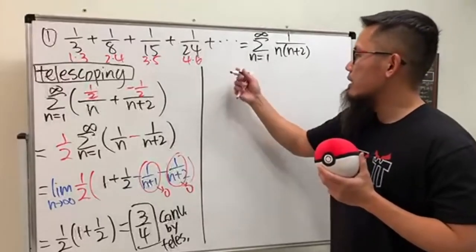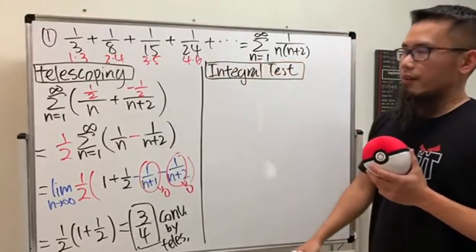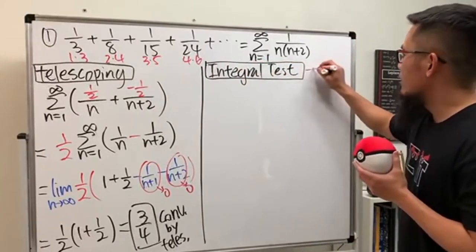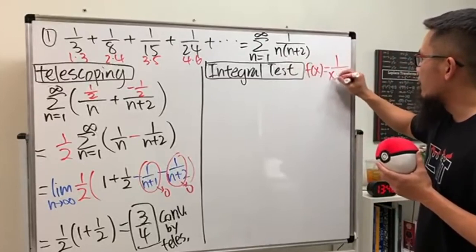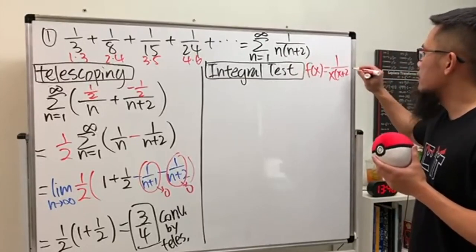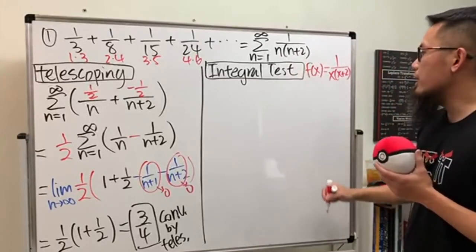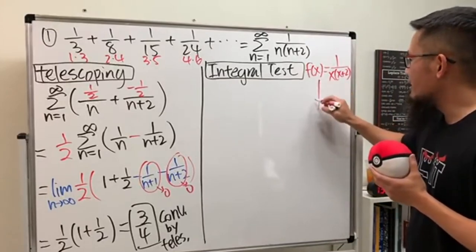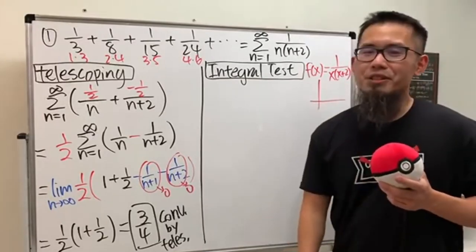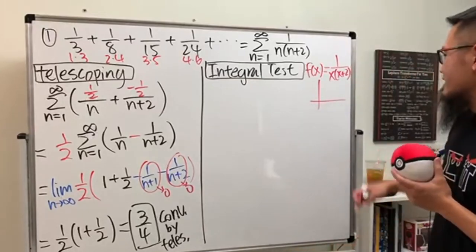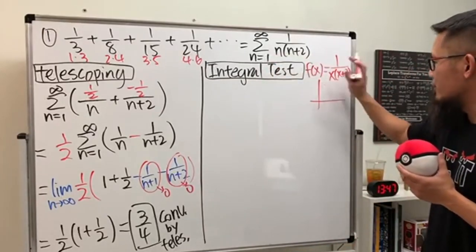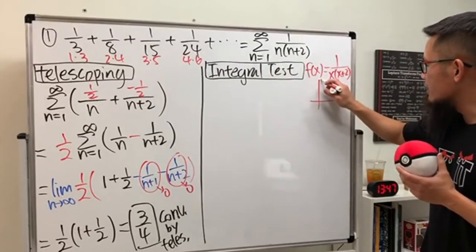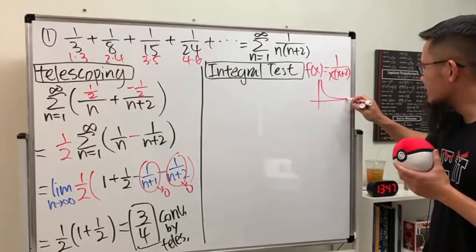All right, applying the integral test. Firstly, we have to define the function. Well, our function is just going to be, you replace the n with x, so we have 1 over x times x plus 2, right? So that's the function. And usually, just go ahead and supply me a graph on the side and just look at when x is greater than 1. So if you look at this part, you will see the function will look like this.